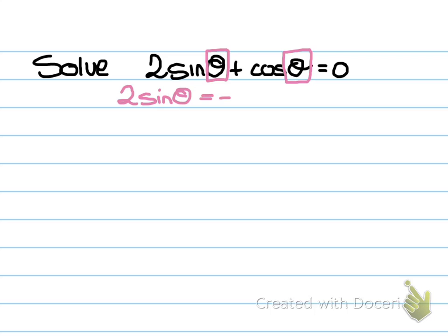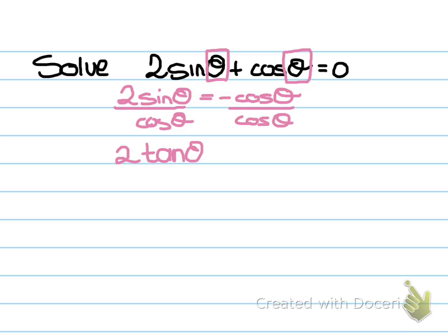Now obviously this time when I take that cos across, it's going to be negative cos theta. And again, what we want to do is divide both sides by cos of whatever angle we have, in this case cos theta. So on the left we have 2 tan theta. On the right, the cos thetas cancel, we get -1.